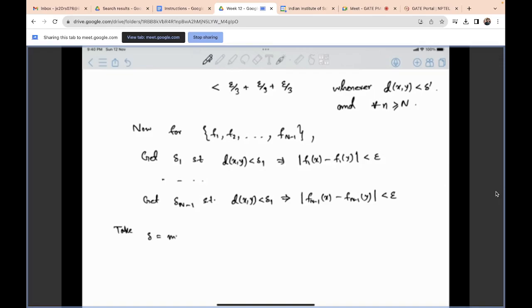Now you will take delta to be the minimum of delta 1, delta 2, up to delta n minus 1 and delta dash.